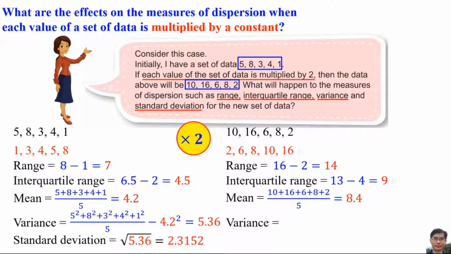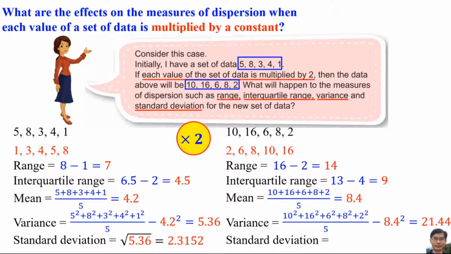And variance is equal to square all of the data and add all of them per 5 minus mean square equals 21.44. Standard deviation equals the square root of variance, square root of 21.44 equals 4.6303.